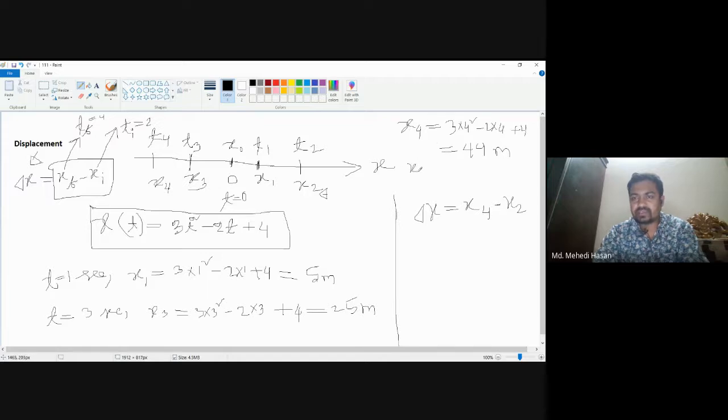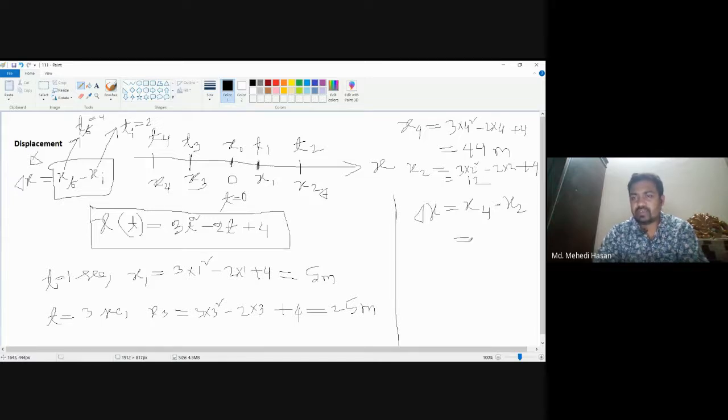And x2 will be equal to 3 times 2 squared minus 2 times 2 plus 4. So it is 12 minus 4, 8, plus 4 is 12.